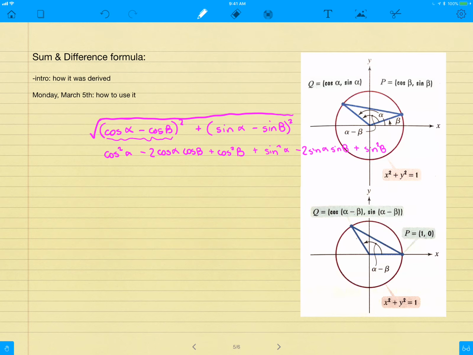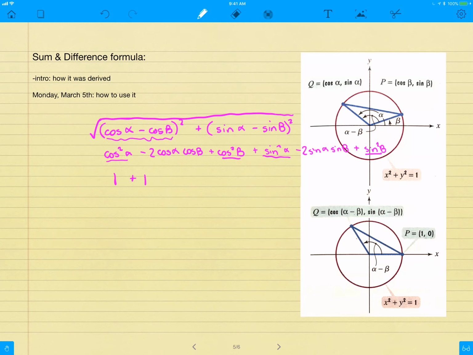If we simplify things down, I want you to notice that we have a cosine squared alpha and a sine squared alpha, and when you add those together, according to the property sheets we've been using, that's a Pythagorean identity. Cosine squared plus sine squared makes 1. Cosine squared beta plus sine squared beta also makes 1.